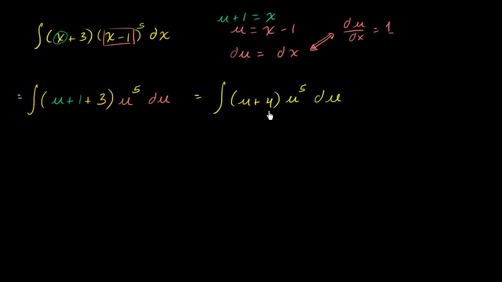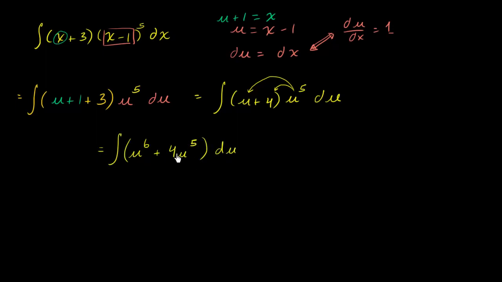The way to simplify things was taking (x − 1)^5, which would be a really hard thing to expand, but u^5 is just u^5. And it just changed this x + 3 into a u + 4, which is still a pretty straightforward expression. And now we can just distribute the u^5. So we are left with u^6 + 4u^5 du.